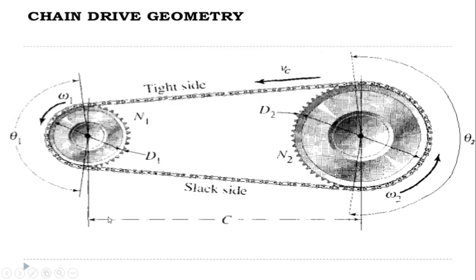And the center to center distance is the distance between the two shafts of the chain drive. It has two diameters, diameter D1 and diameter D2.